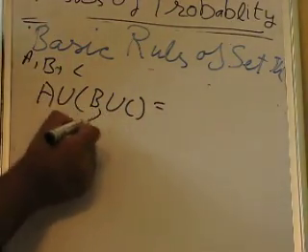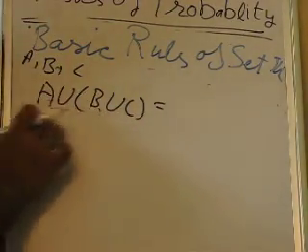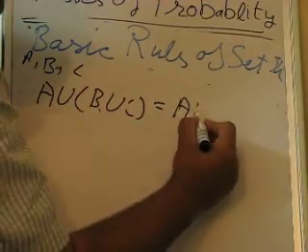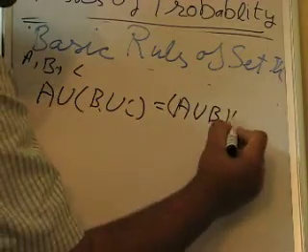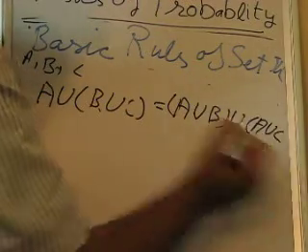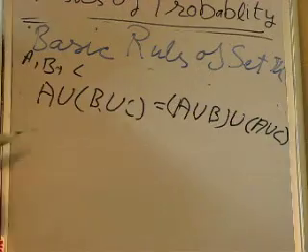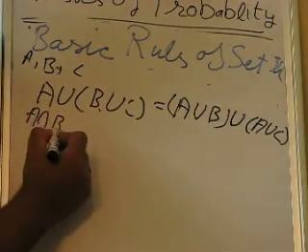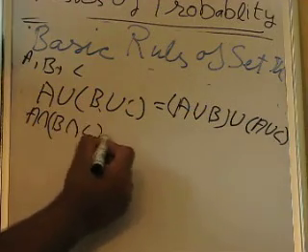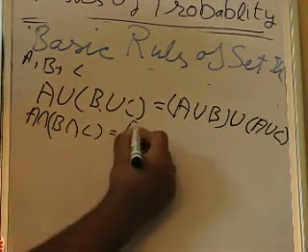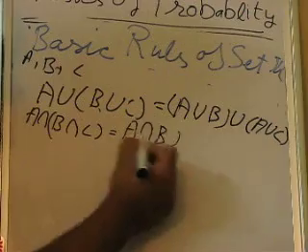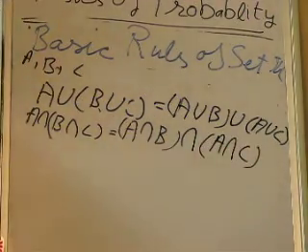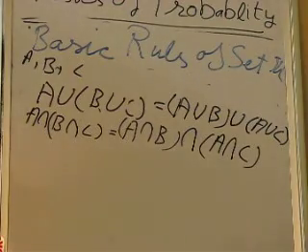You open the bracket and take the union as common, so it becomes A union B union A union C. Similarly, if you replace union by intersection, A intersection B intersection C becomes A intersection B intersection A intersection C.